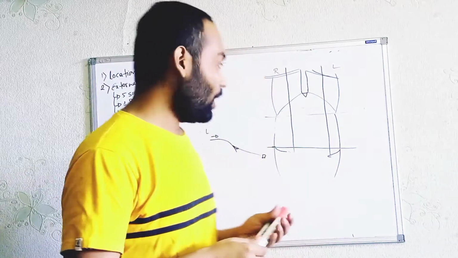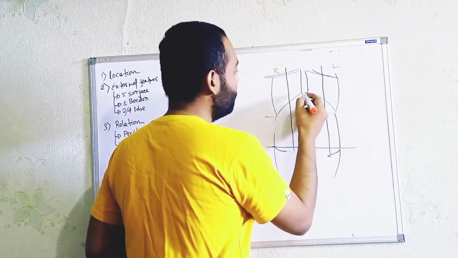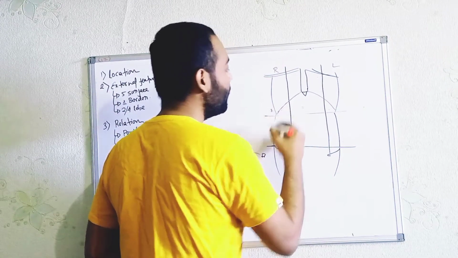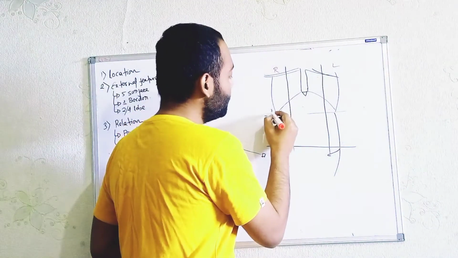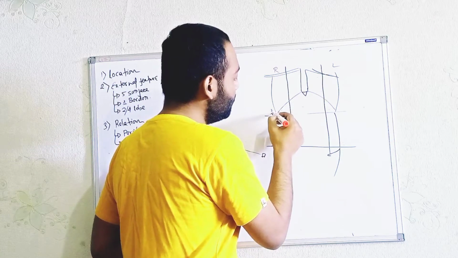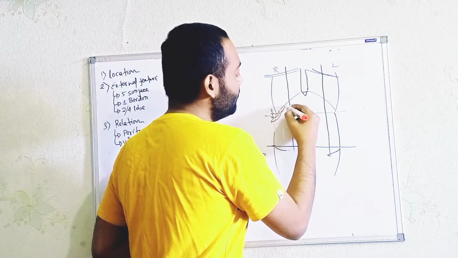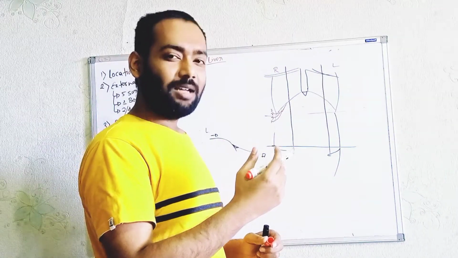So let's think about this like this. This is our 7, for instance. Now that 7, like say 8, 9, 10, at their medial ends they will make what? Costal cartilage, right?